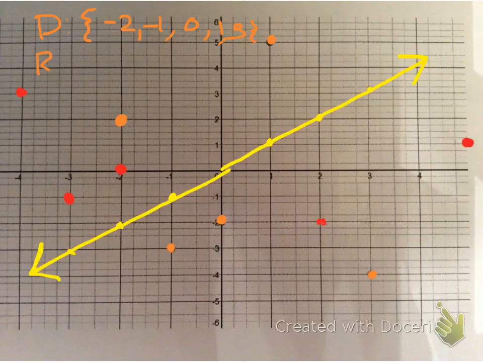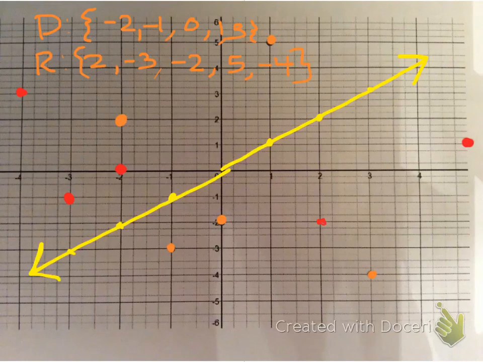Alright, so our range then are all the y values: 2, -3, -2, 5, and -4.